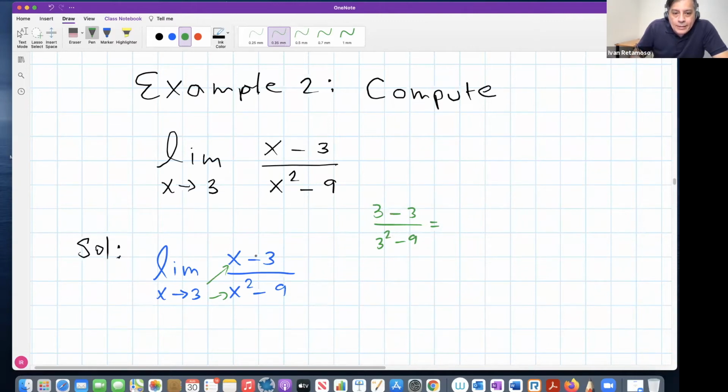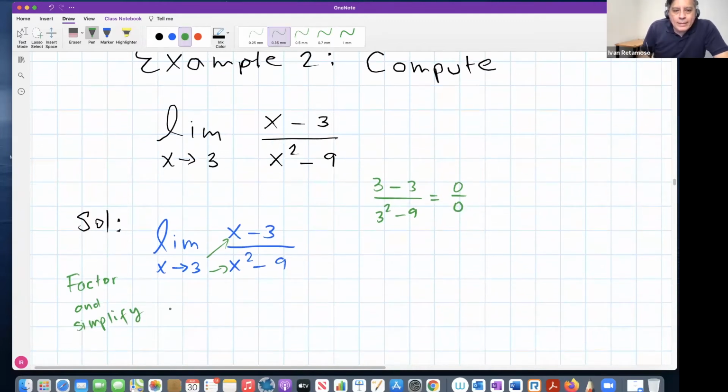If we do direct evaluation, however, 3 minus 3 is 0. 3 squared is 9. 9 minus 9 is 0, right? 0 over 0, undefined. All right, so then it means that we have to factor and simplify, right? And try again.